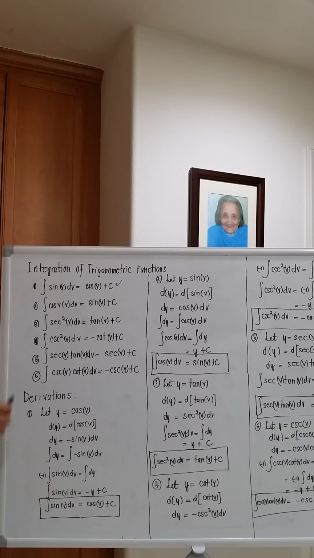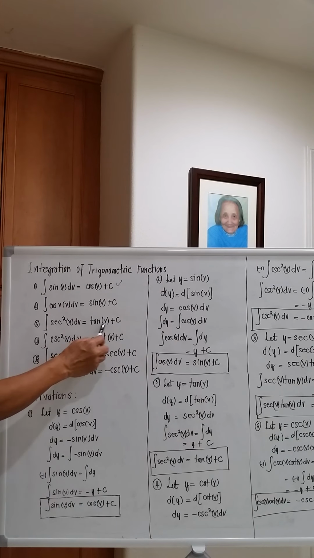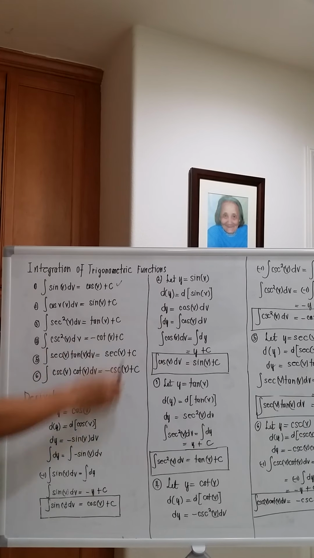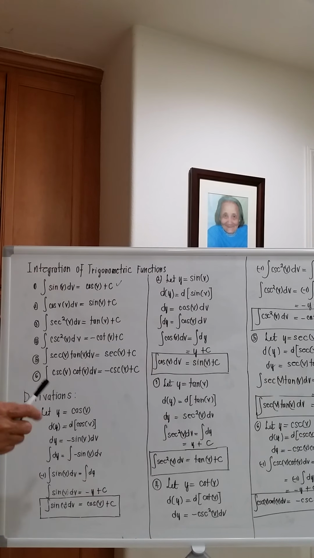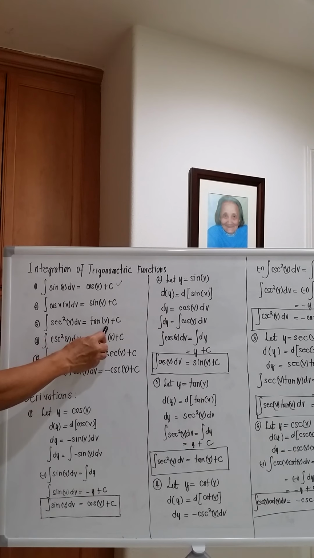Okay. Number 3. The integral secant square of b dv, and this is equal to tangent of b plus c. The integral of any secant square function times its differential, the proper integral will be the tangent of the given function plus c.